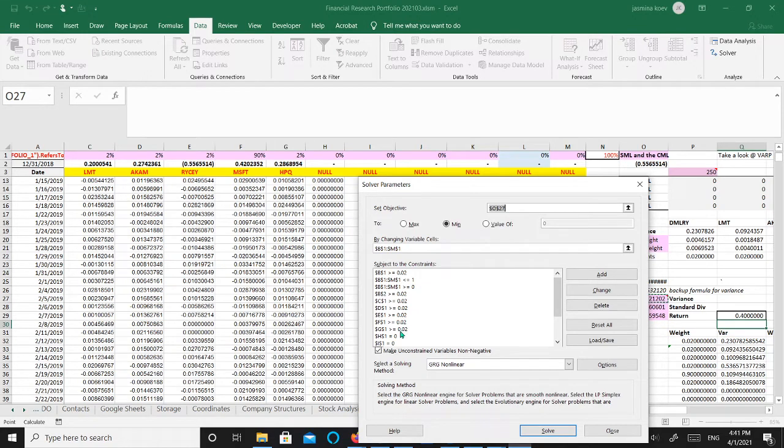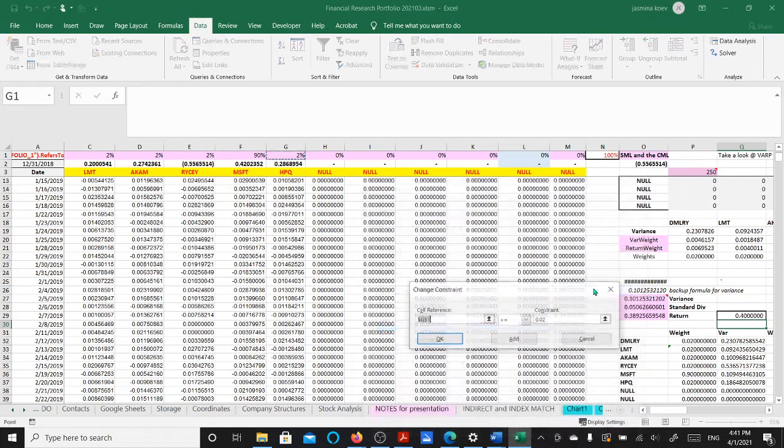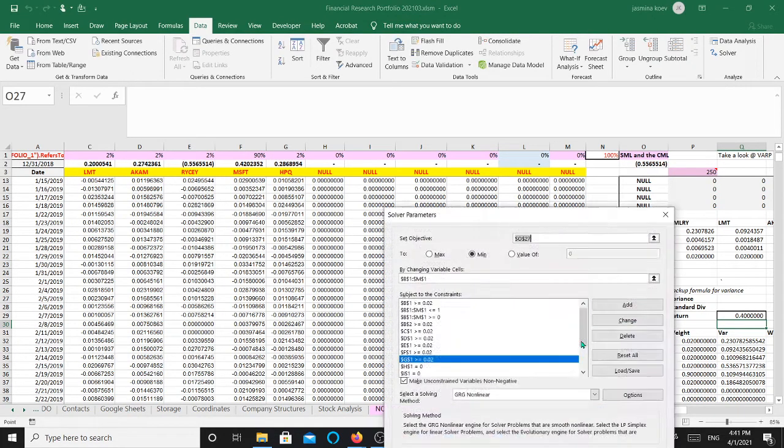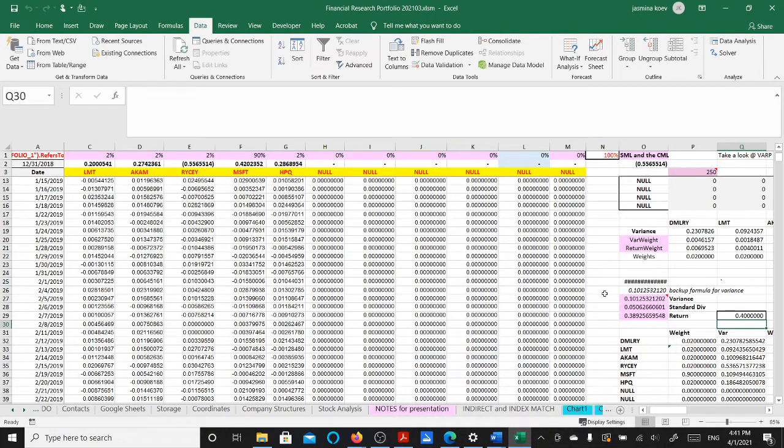If I want to change some of the stipulations here, all I need to do is click change. I can adjust this to 0, so I can get rid of these steps, but I don't want to do that because I am running a macro, and I'll show you guys how I force investments to be a minimum of 2%. That's a stipulation that I'm going to keep across the board on these stocks.